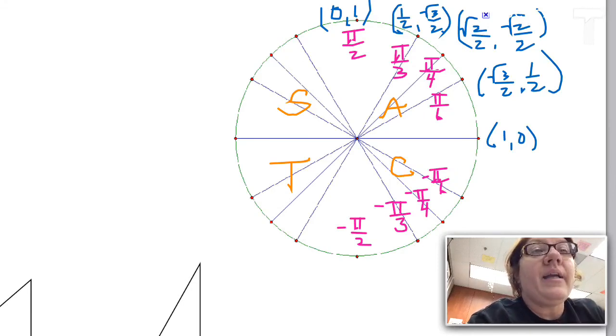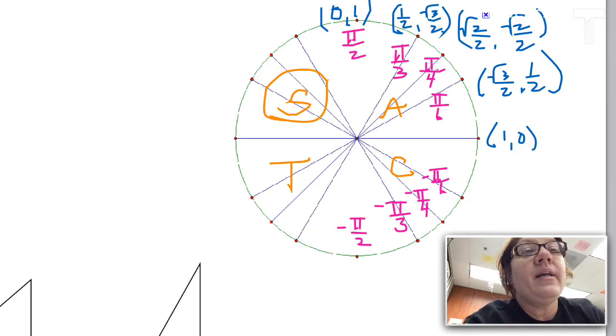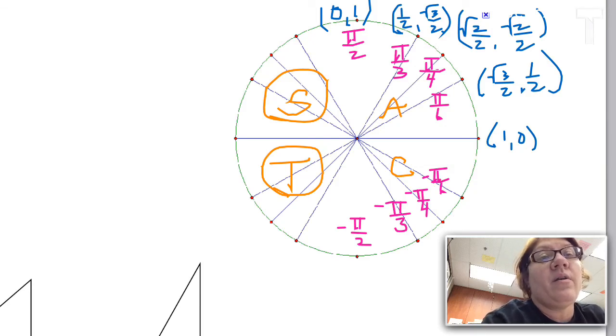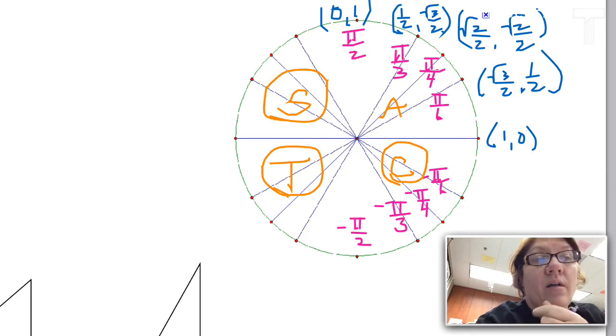Remembering that sine and consequently cosecant are positive in second quadrant. Tangent and consequently cotangent are both positive in third quadrant. Cosine and consequently secant are positive in fourth quadrant, and all of them are positive in first quadrant.